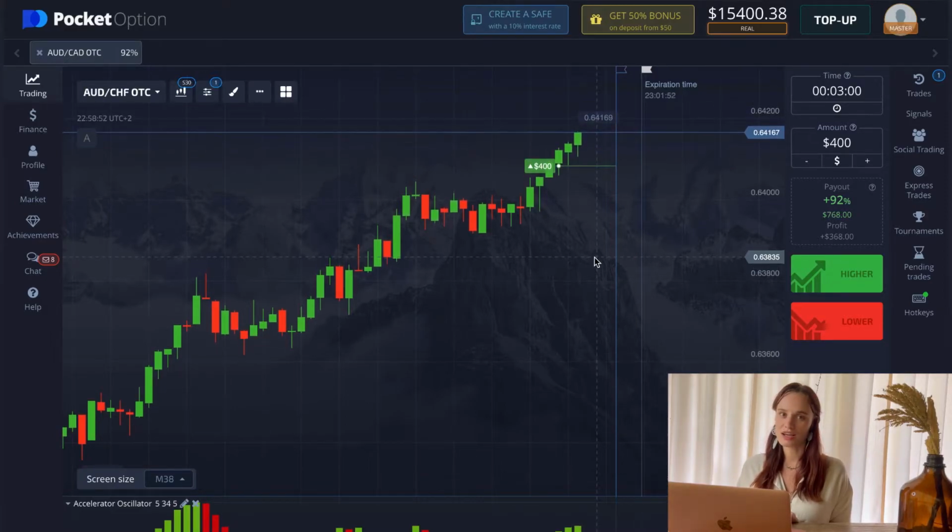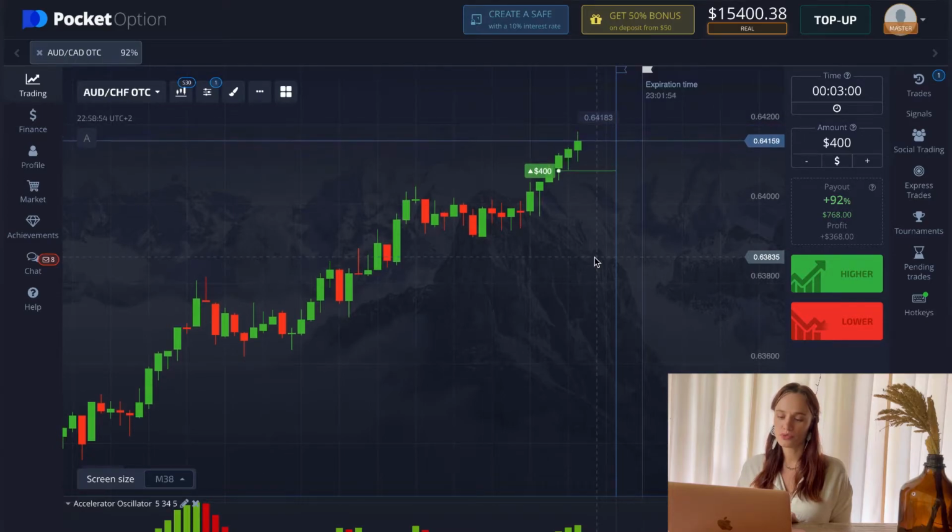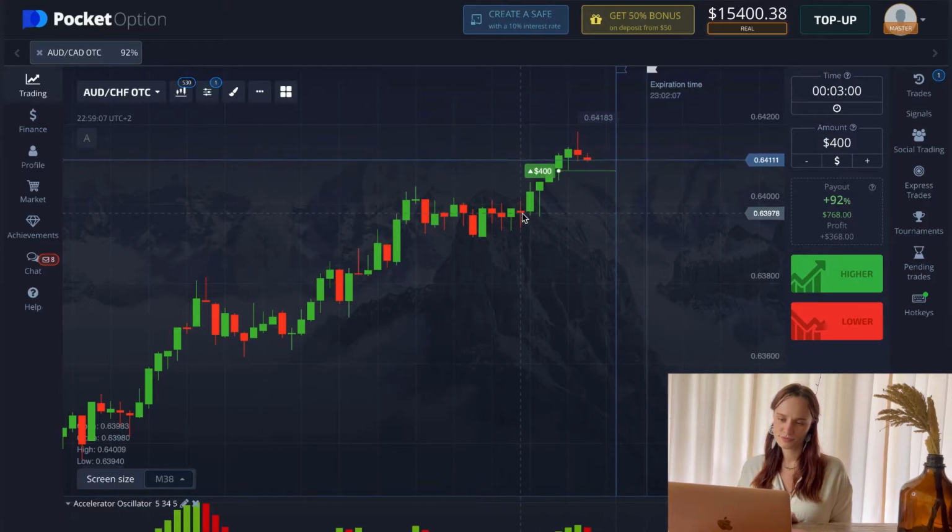We can observe a slight resistance of the price range. That is, with this strategy, we're interested specifically in those currency pairs where the price is constantly rising or falling at the moment.